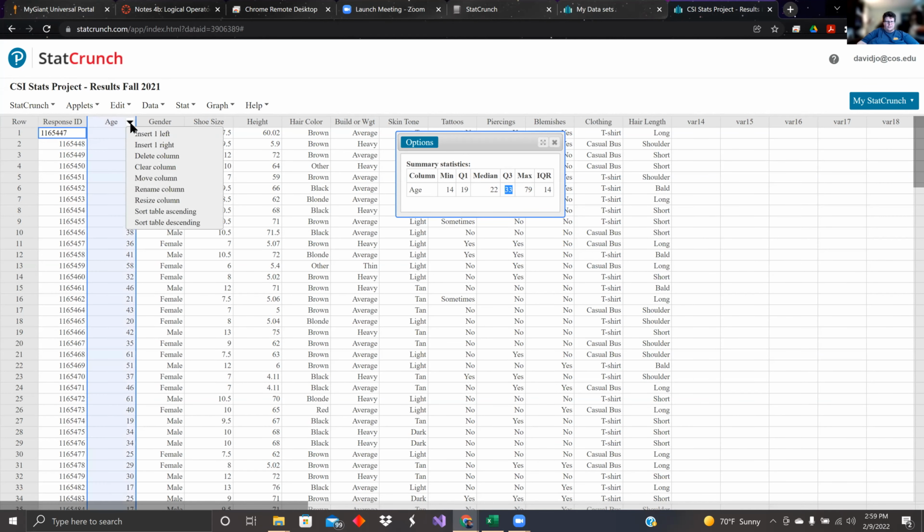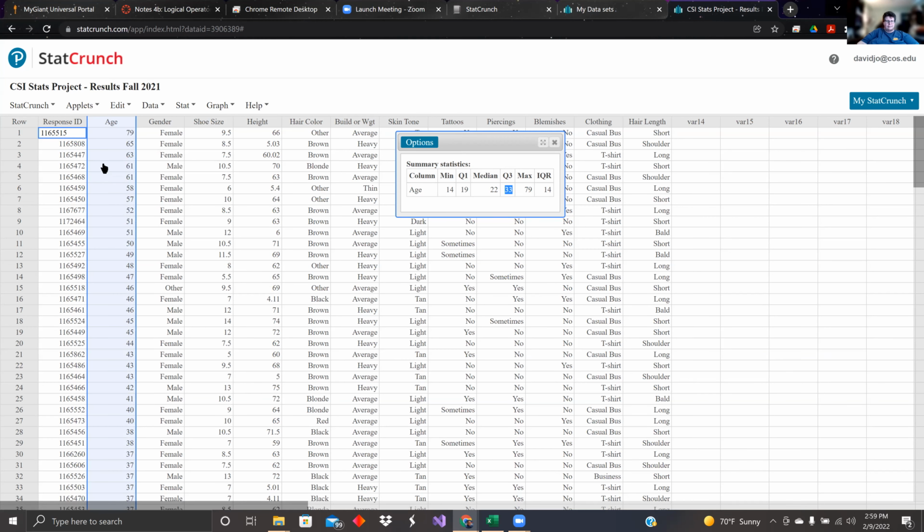So I'm going to come over to age and click sort table by descending. I've got a 79, a 65, 79, 65, 63, 61, 61, 58, 57. That's the cutoff. I had 7 outliers in this data set. Most of the people that took it were under 50, to be honest.